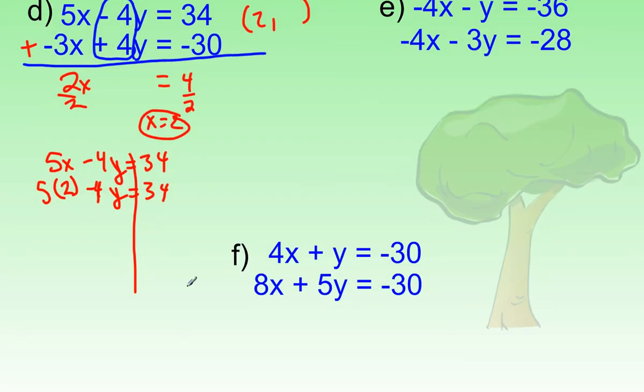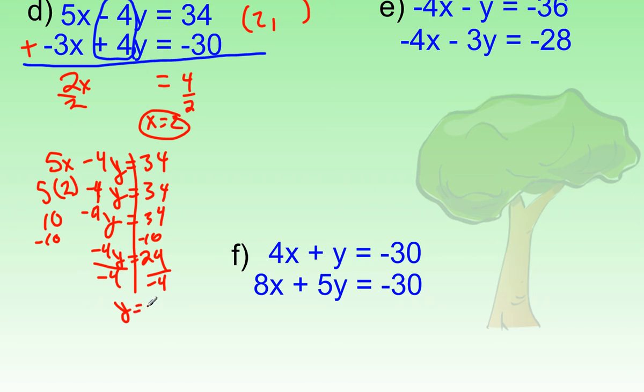That's 10 minus 4y equals 34. I'm going to subtract 10. Negative 4y equals 24. Divide by negative 4 on both sides, and y equals negative 6. So when the x value is 2, the y value is negative 6.